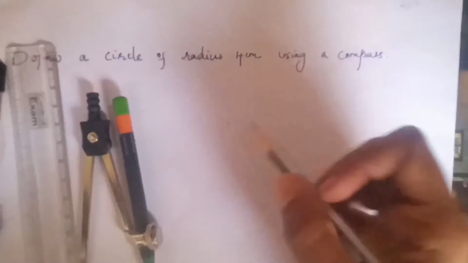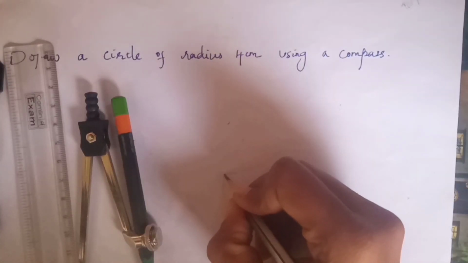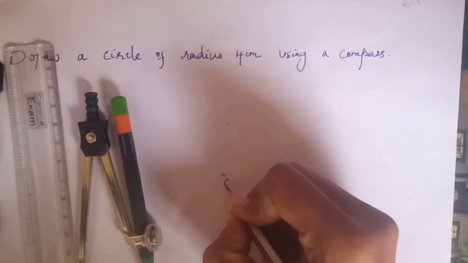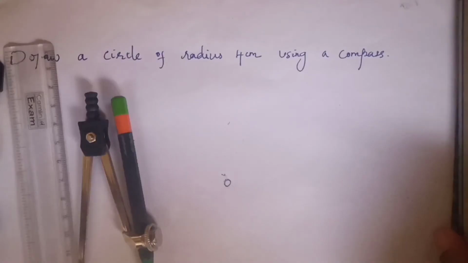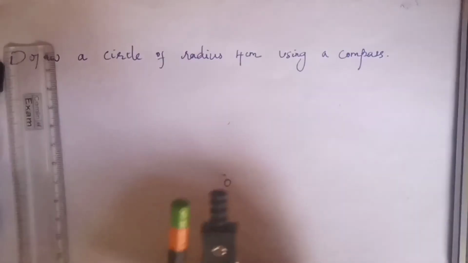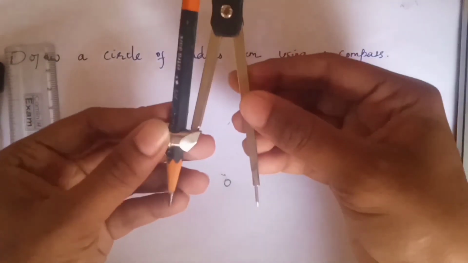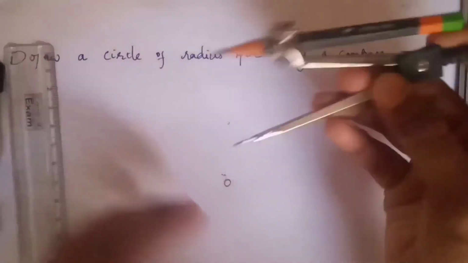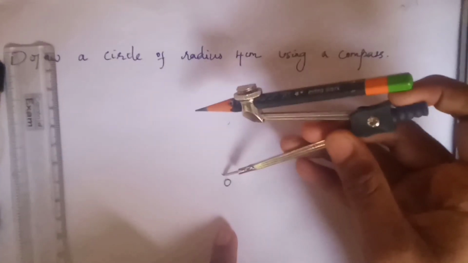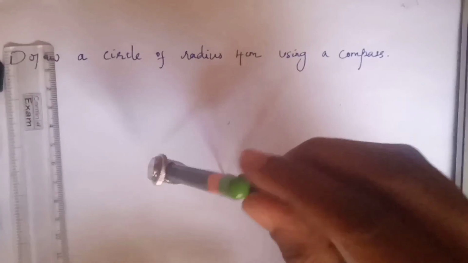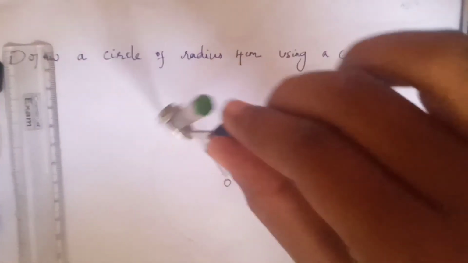Now, mark a point O on the paper. Then, without changing the angle between the arms, place the sharp metal tip on the paper at point O. This point is the center of the circle.